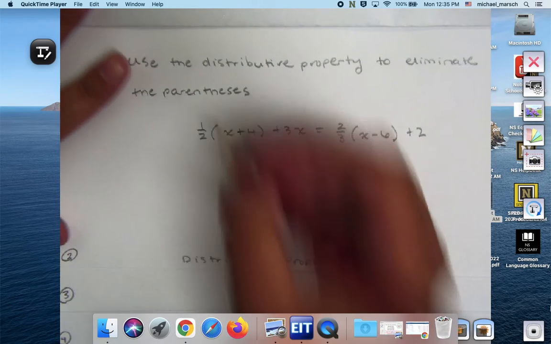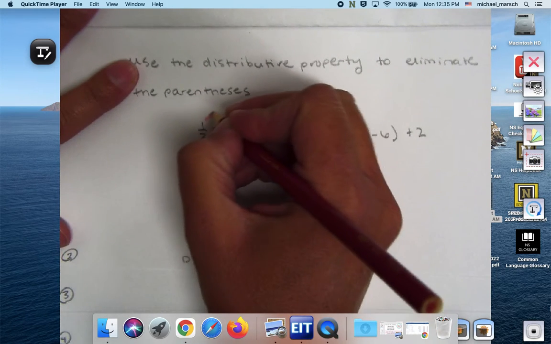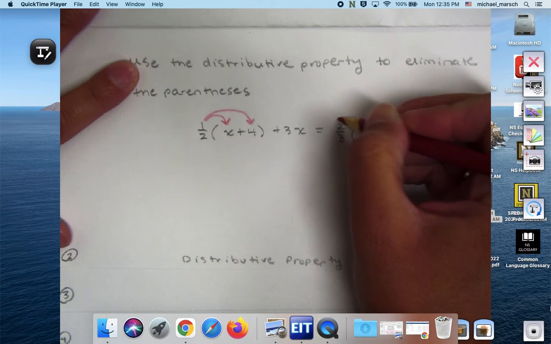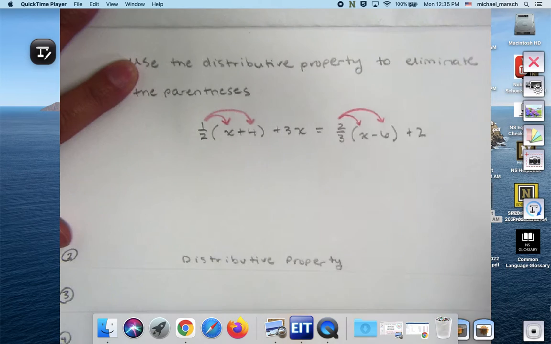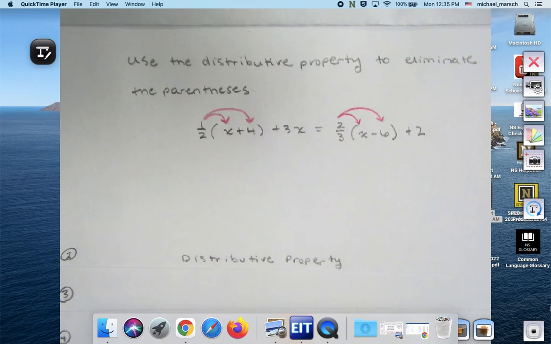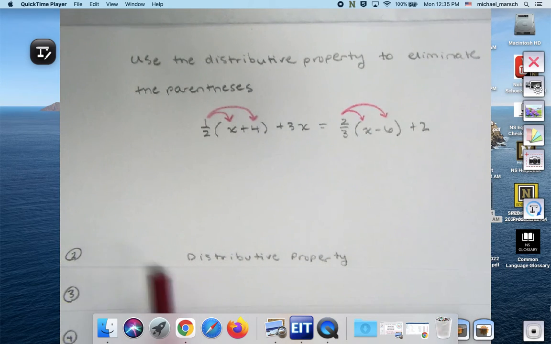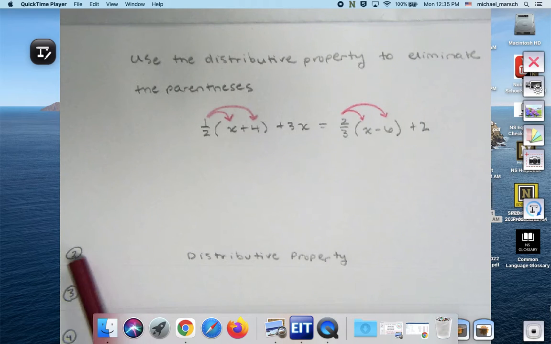So remember, distributing is where we multiply what's on the outside of the parentheses times what's inside the parentheses. Okay, it's a multiplication problem. We're still here on this 2 page, where you see the number 2, distributive property. Notice that I'm using red now.